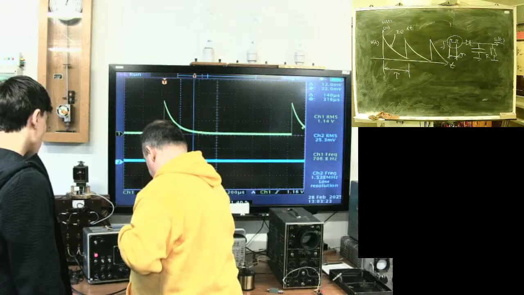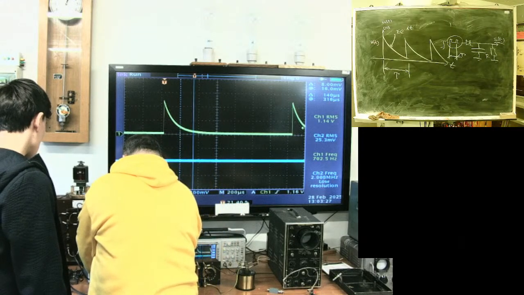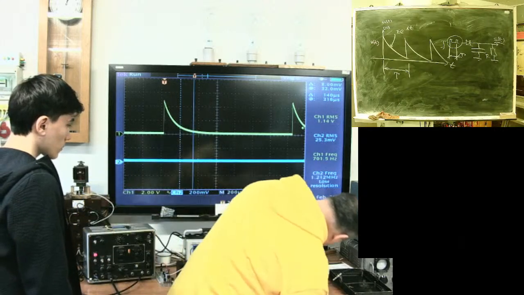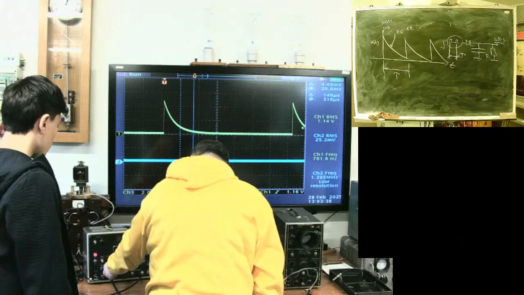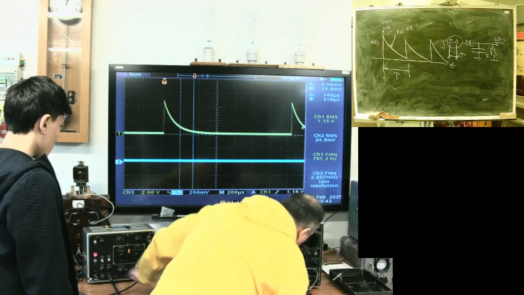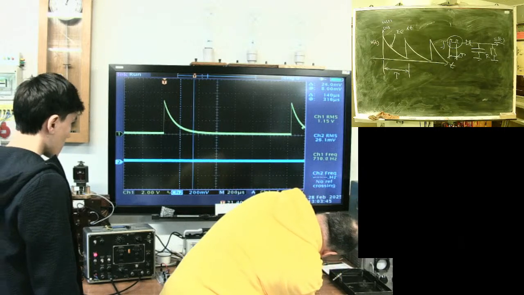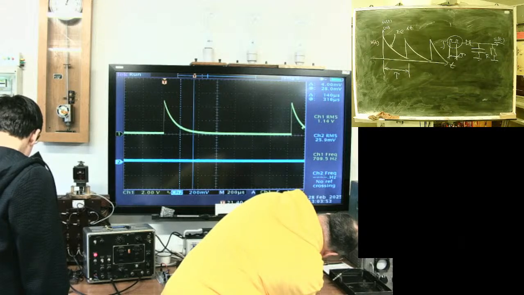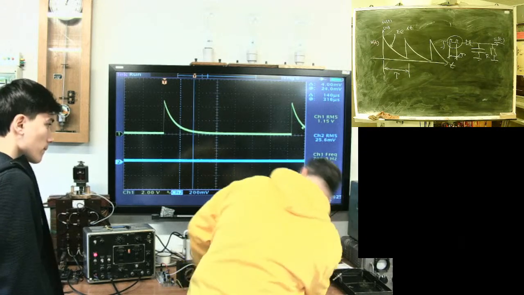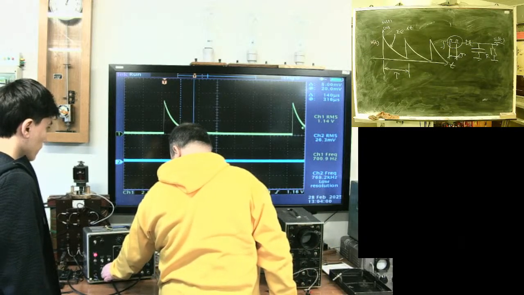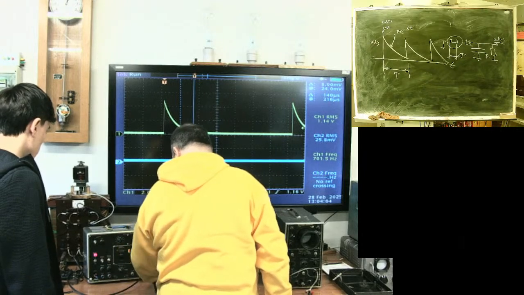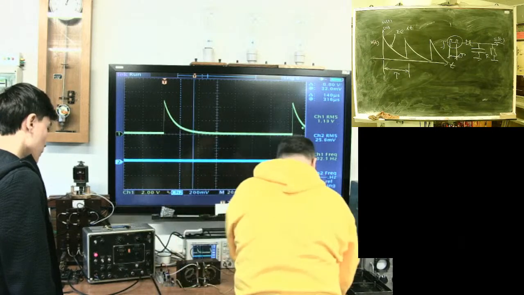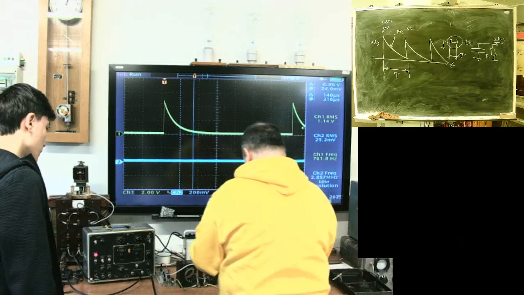I use a single output. Single isn't very much better. I can connect.